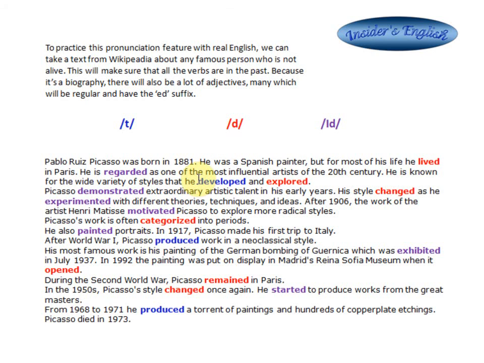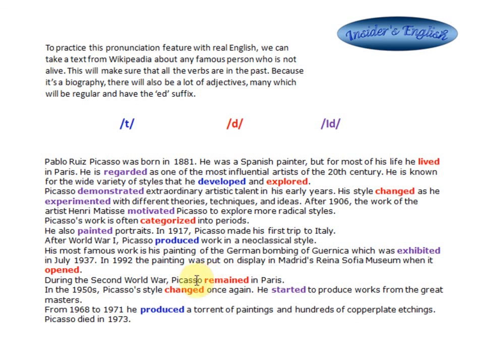Developed. Produced. Lived. Explored. Changed. Categorized. Opened.